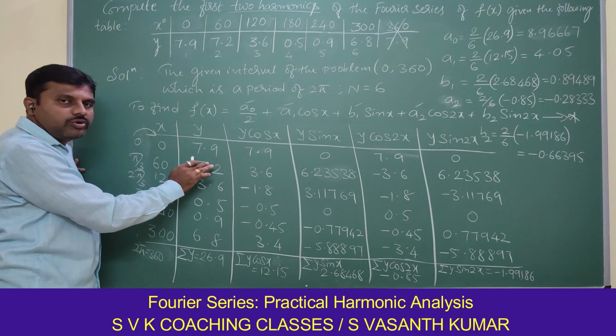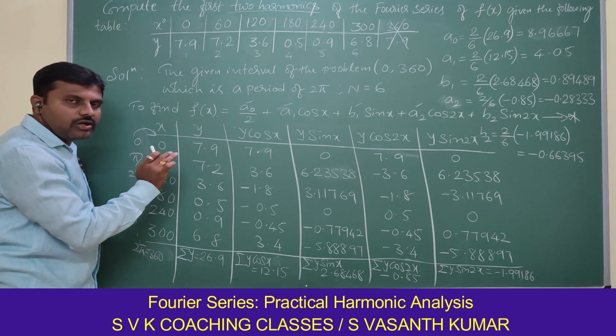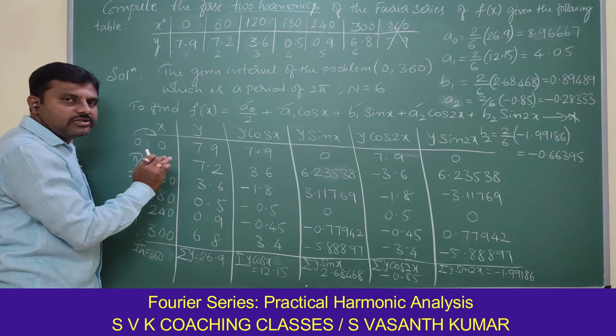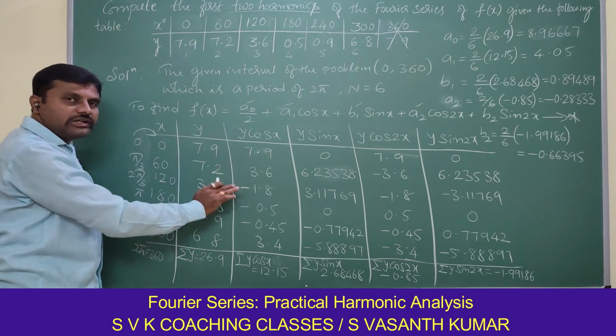You should verify whether the calculator is in degree mode or in radian mode. Always the calculator should be in degree mode. Okay, this is the way to construct the table.